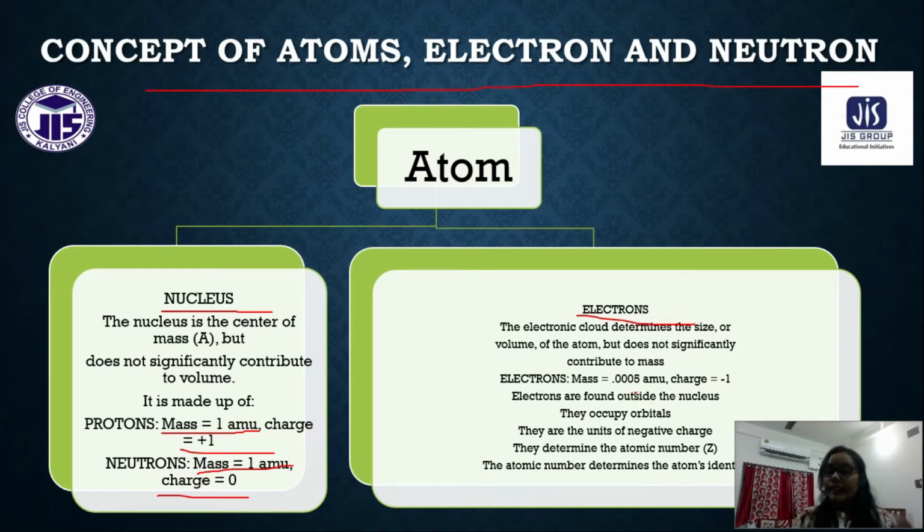Electrons are another part of the atom. We consider that electrons are moving around the nucleus, and around the nucleus we have the probability of finding electrons. That we will discuss through the Rutherford atomic model and the Bohr atomic model.